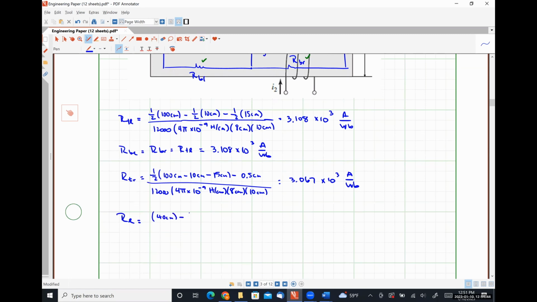Oh, turns are dimensionless, so I'm just being lazy and not writing down turns. Doesn't particularly matter. Amp turns per Weber is the exact same thing dimensionally as amps per Weber, so I am good either way.